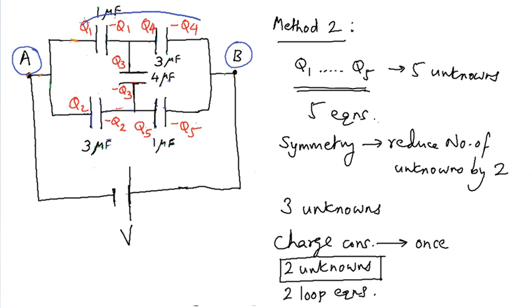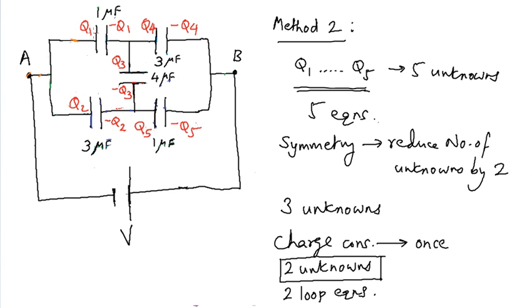Also, the roles of the top branch of the circuit and the lower branch of the circuit are interchanged once I reverse the polarity of the battery. And finally, the vertical 4 microfarad capacitor plays the same role as before, excepting that the roles of the top plate and the bottom plate are now reversed. Noting all these points, we can now find the charge distribution in the circuit after the reversal of the battery.